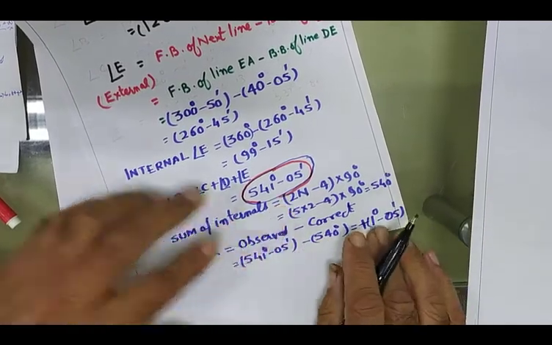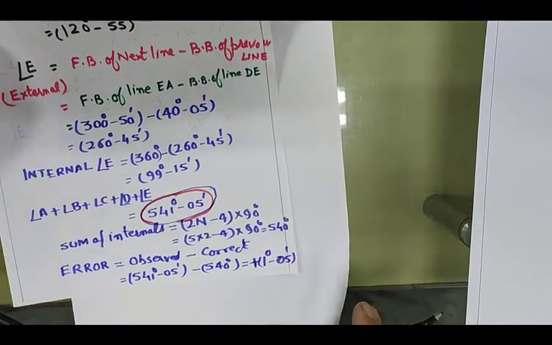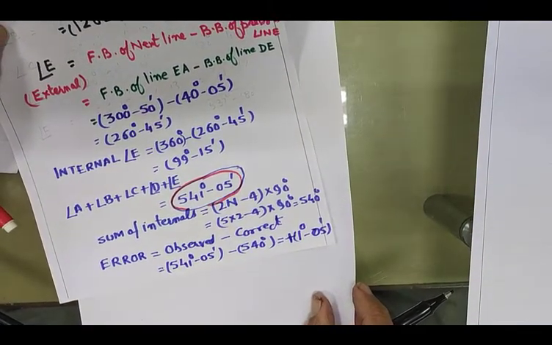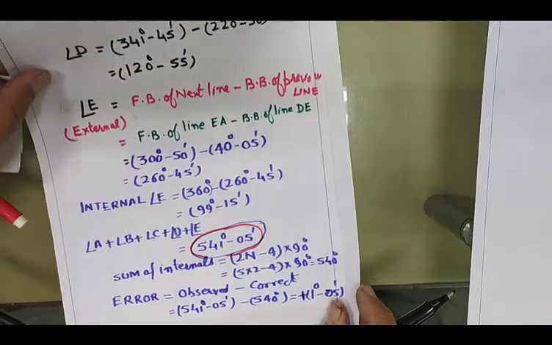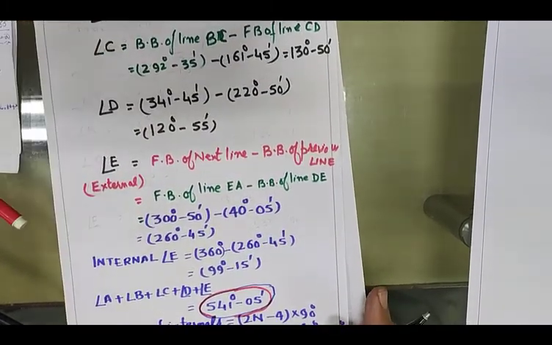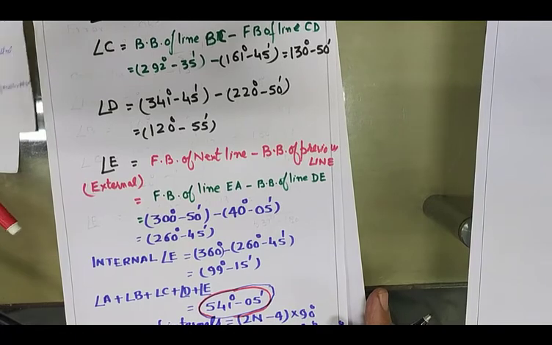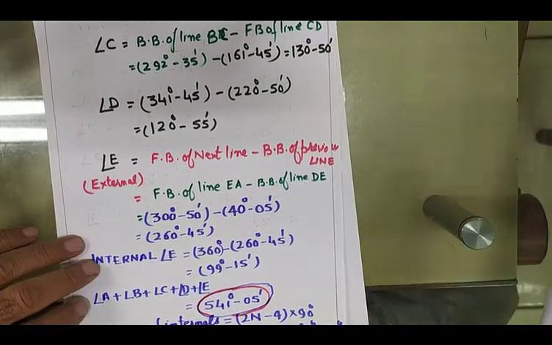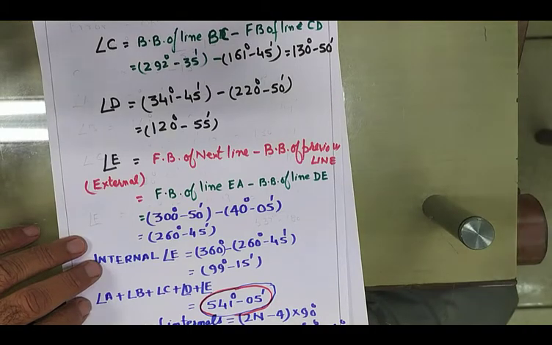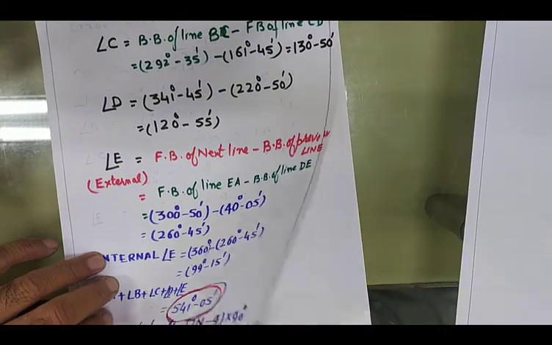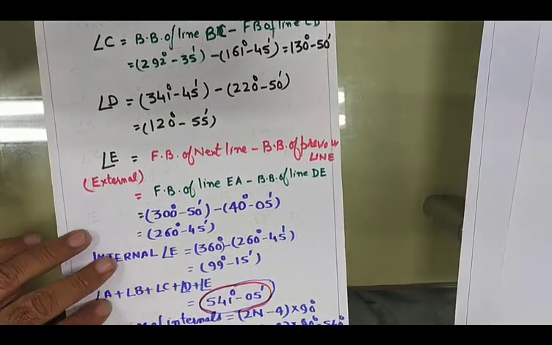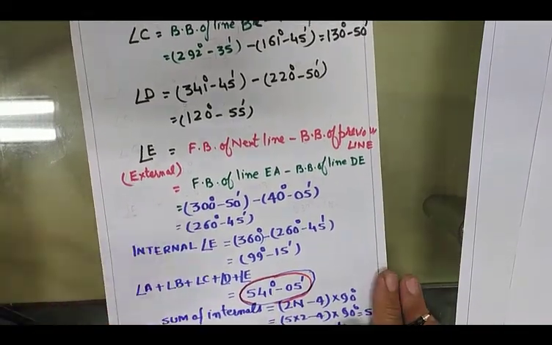So we have to apply the correction over there. That will be minus 1 degree 5 minutes. So here we have the number of angles. How many angles do we have there? We have the 5 angles over here. So we have to divide it into equal parts to make it correct.